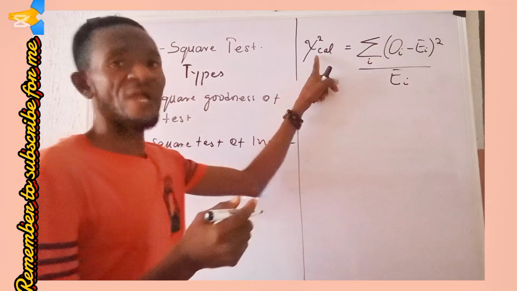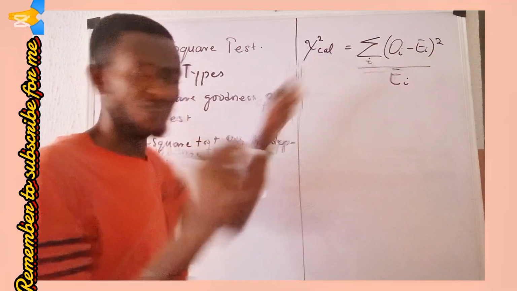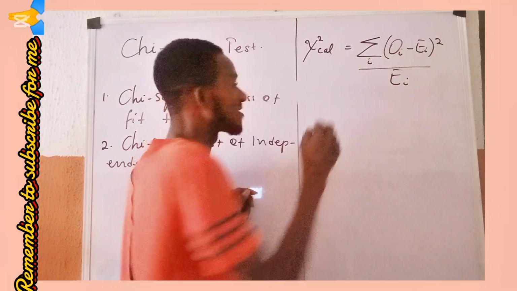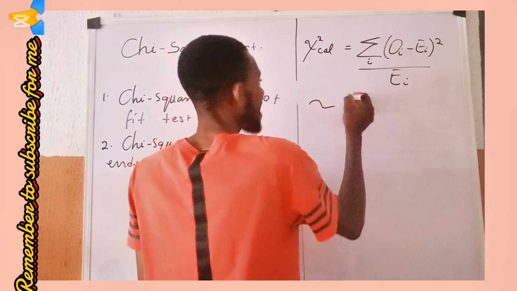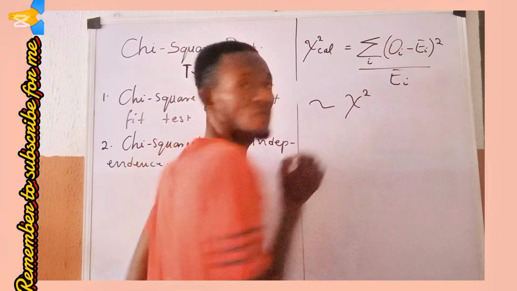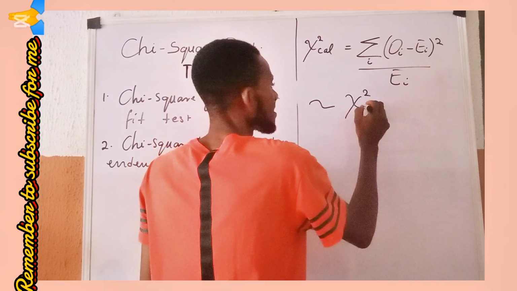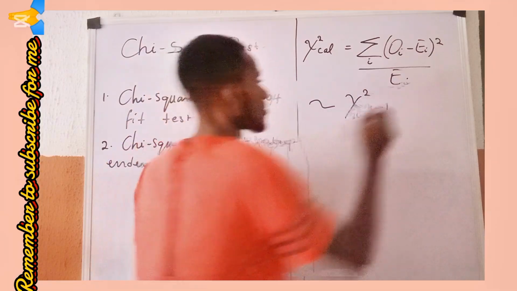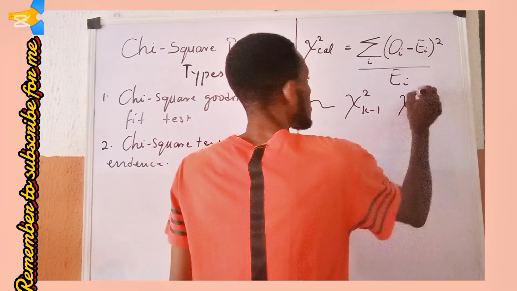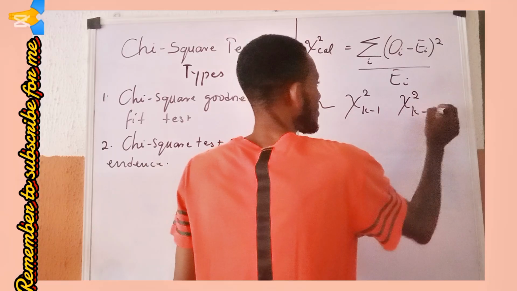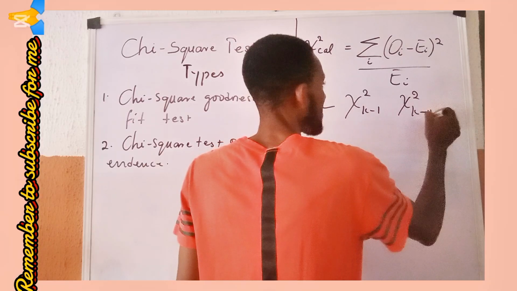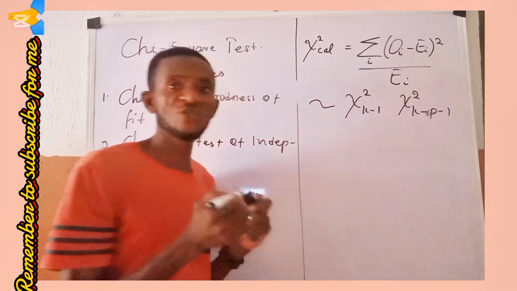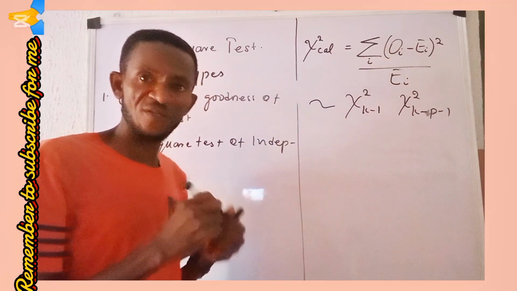And this chi-square cal follows a chi-square distribution with k minus 1 degrees of freedom, or with k minus p minus 1 degrees of freedom. We are going to explain.